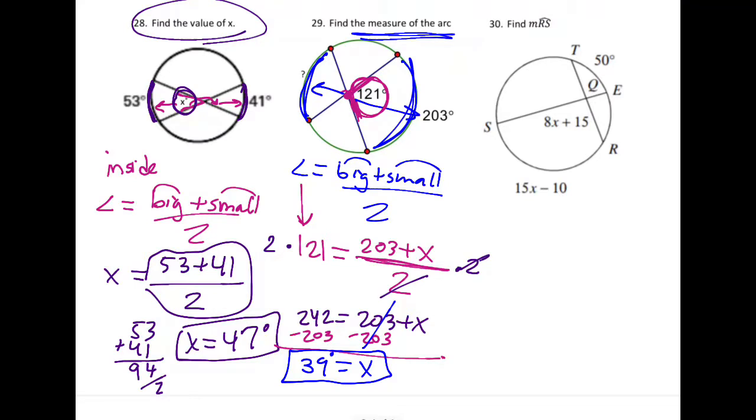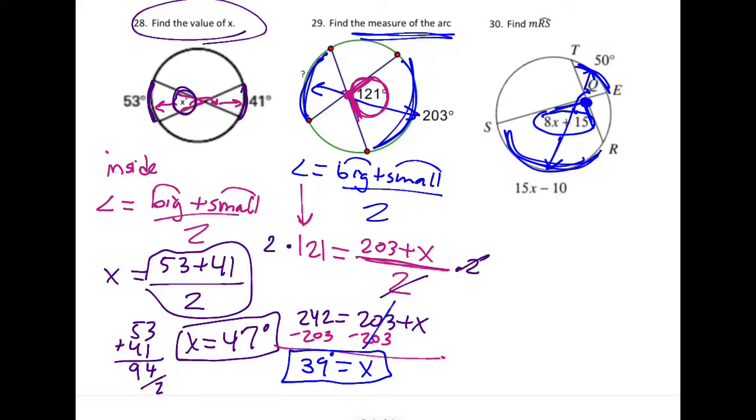So for the next one, they have the 8x plus 15. It is in this angle, so that angle opens up to that arc, and the angle that's vertical to it opens up to that arc. So using this expression, we have to use this arc here and this arc here, and that's what we have stuff on, so it's fine. But notice, once again, the vertex for the angle we're using is inside the circle.